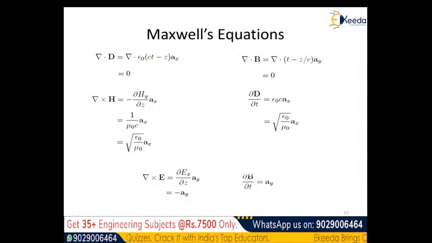And when we find del B by del T, substituting the expression of capital B, this is also left with Ay. So here also we can equate the two sides, del bar cross E bar to minus del B by del T. This way Maxwell's first equation is also satisfied.